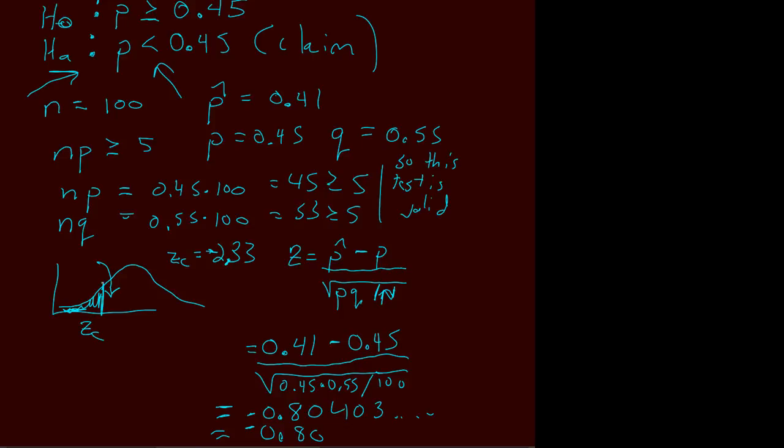The rejection region rejects the null hypothesis. And so I failed to reject the null hypothesis. So we have to say that the evidence is not enough to change the null hypothesis. Well, the claim was the alternative. So we're saying there's not enough evidence to support the claim.